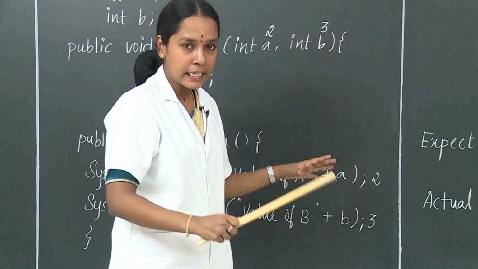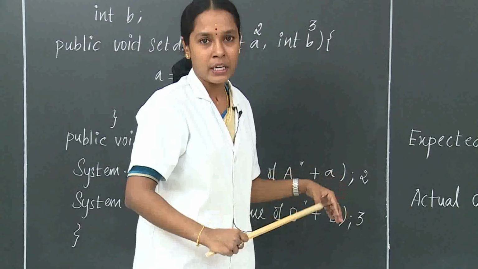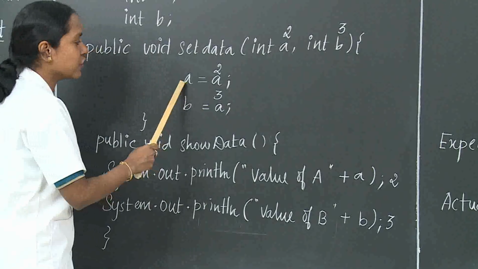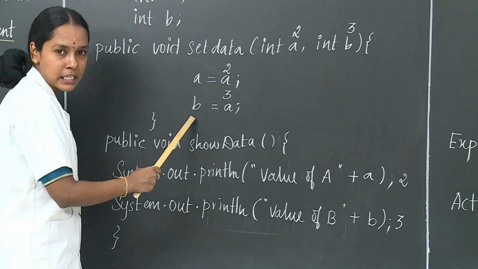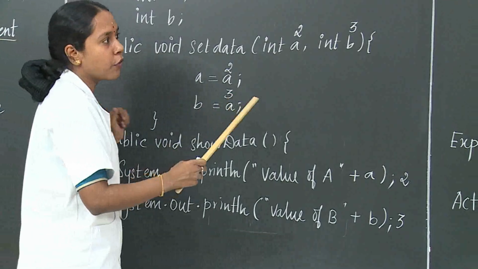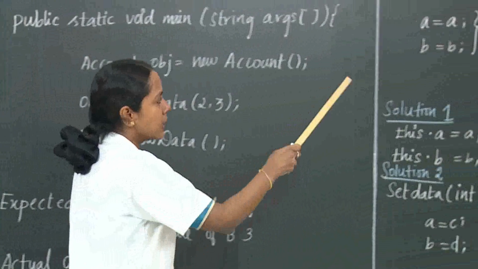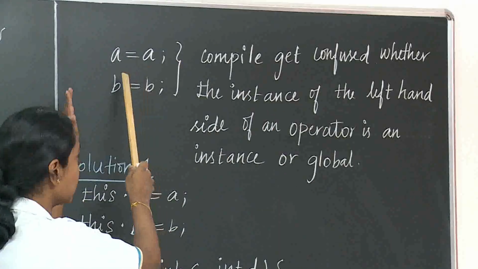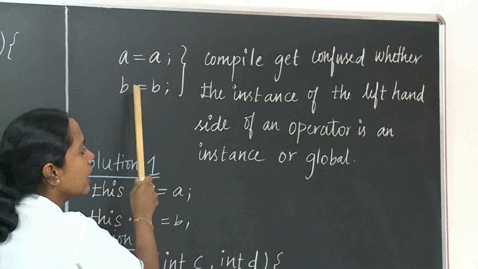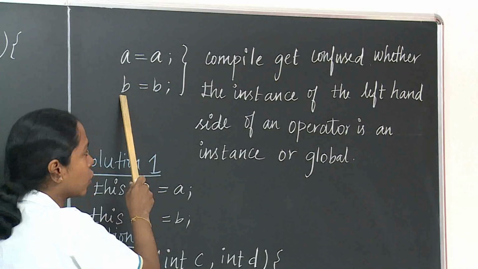While compiling it, the output will be 0. Why? Because here I don't mention whether A is an instance variable or B is an instance variable or a global variable. So simply, the compiler gets confused whether the left hand side, that is A or B, is an instance variable or a global variable.